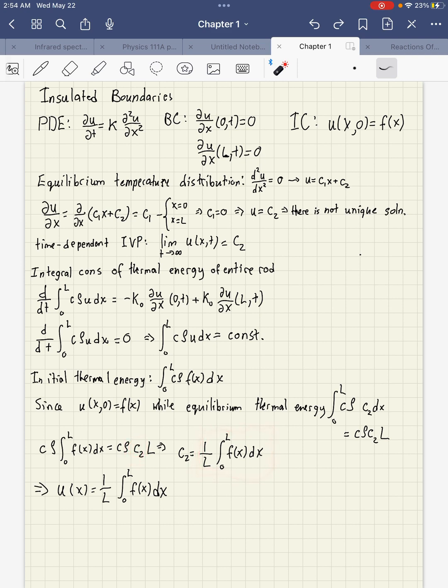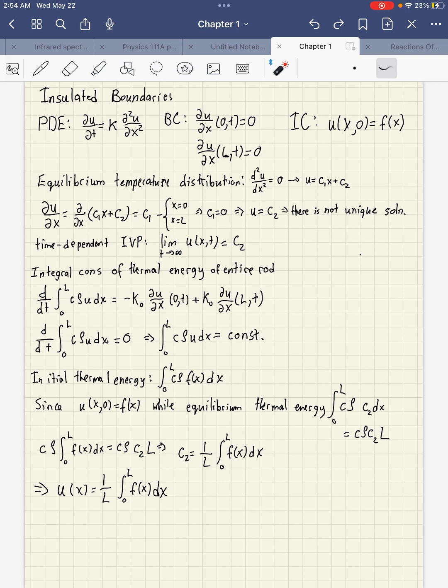And if you notice, this expression is just the average of my f of x over the entire rod, the average temperature of the entire rod. So this is all about our boundary conditions.